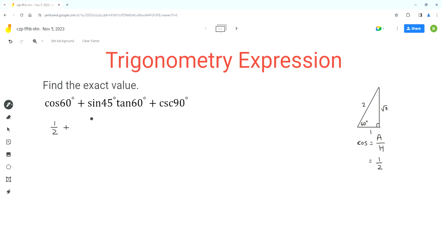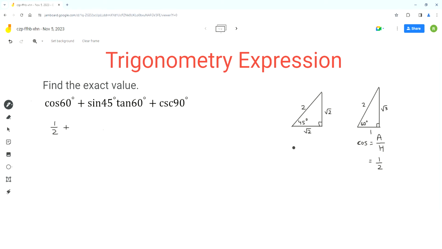Now the next term is sine of 45 degrees. So for this, we'll have to use the special triangle for 45 degrees. So I'll draw it on the board. So this is a right angle triangle and both the acute angles are 45 degrees and the side lengths are square root of 2, square root of 2 and 2.